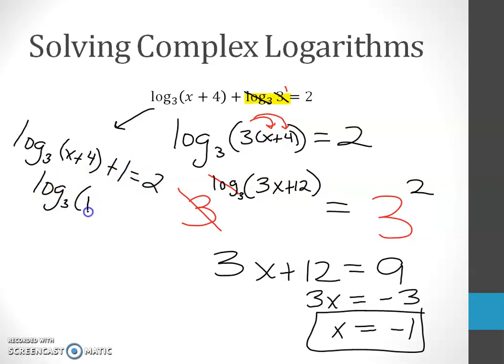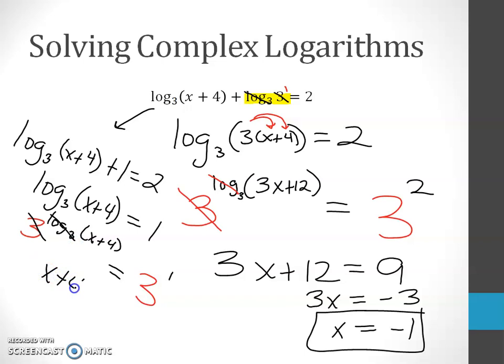Log base 3 of x plus 4, subtract our 1 over equals 1. Then I would be exponentiating. So 3 to the log base 3 of x plus 4 equals 3 to the first power. Those all cancel. I get x plus 4 equals 3. Subtract 4 from both sides. I get x equals negative 1.